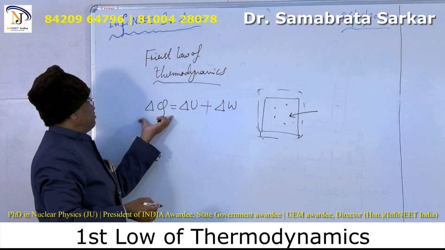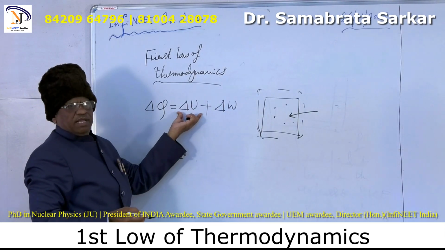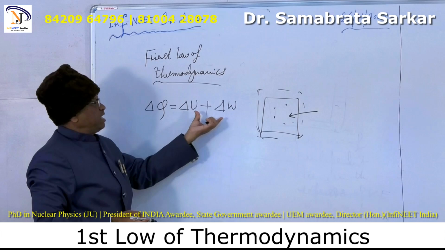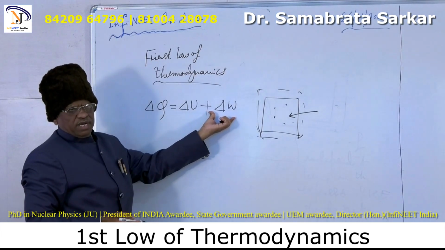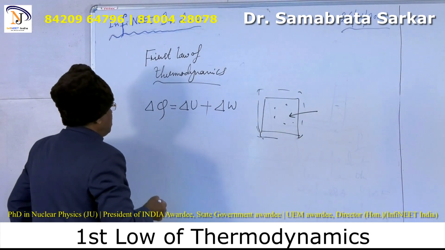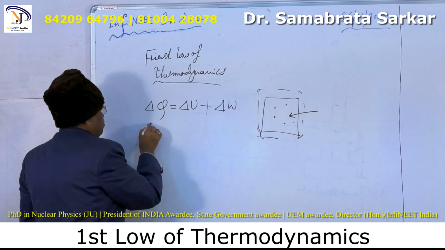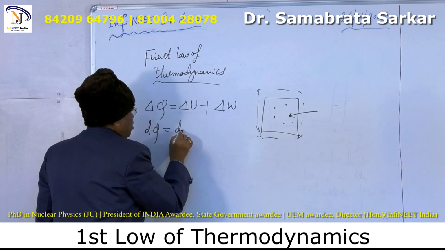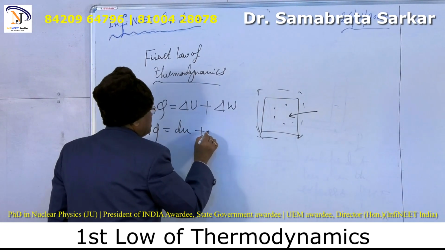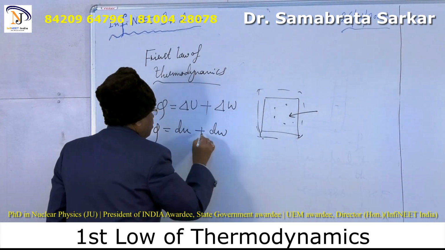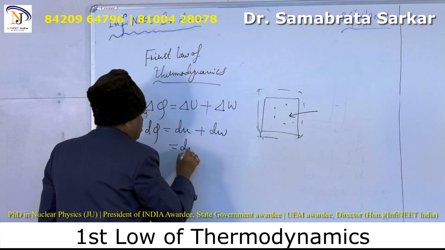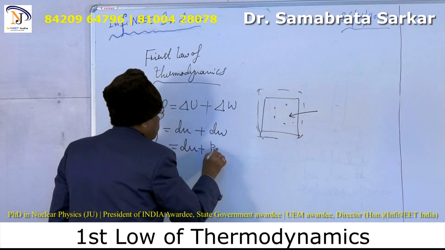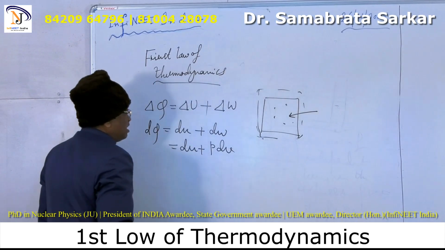So if you apply heat, the initial internal energy will change and then external work will be done. Using calculus, we can write dQ equals dU plus dW. And dW equals P dV.